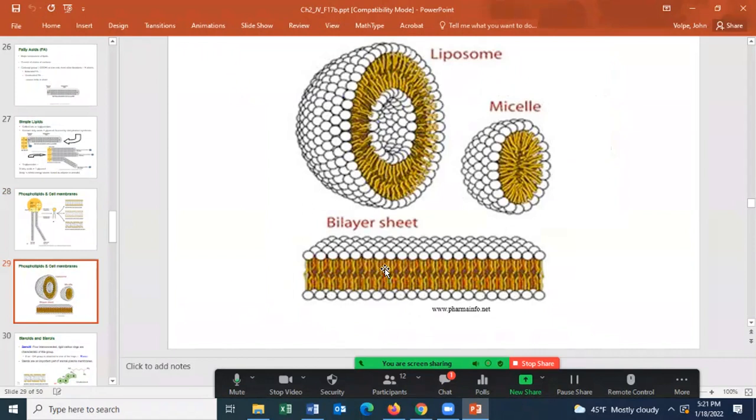And that will make the phospholipids form this shape, a liposome, where the heads are facing the water outside, and then the heads of the phospholipid are facing the water inside. And then the hydrophobic tails of the phospholipids come together, and you'll see this is a bilayer. There's one phospholipid layer here, and then another phospholipid layer here. And this should look familiar to you.